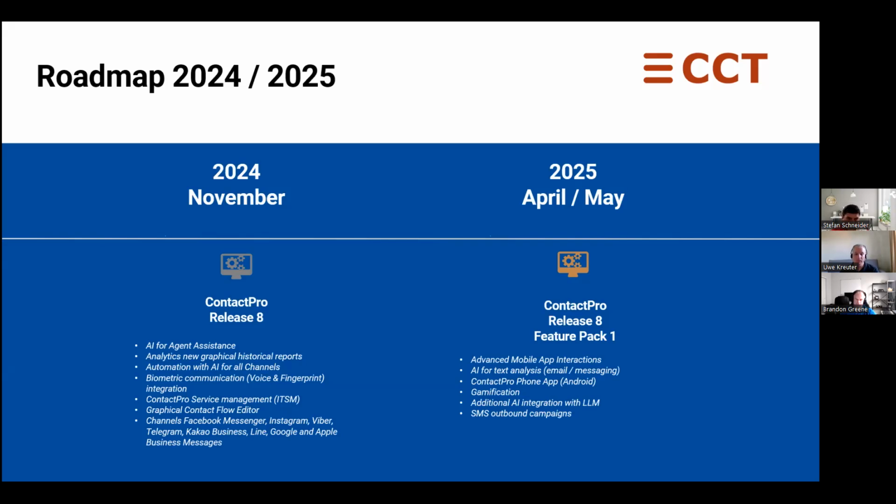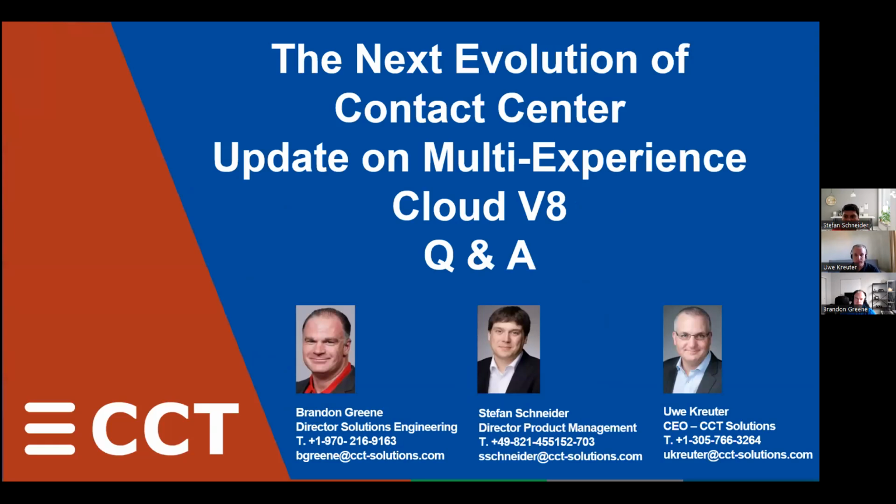We want to launch in the contact center, because for UC we already have a mobile app, also an MX Cloud phone app, first on Android, later on iPhone. And we also want to add additional text analysis AI functionalities in the area of email and messaging, so that we also have intelligent AI analysis of larger text like emails, including the attachments, including the content of the attachments. And that leads me to the last slide, and then I will hand over to Uwe.